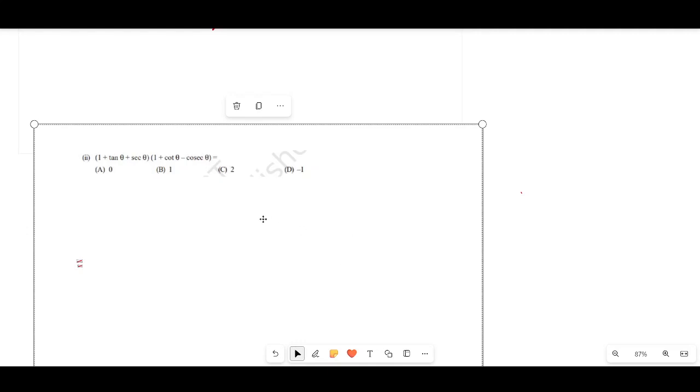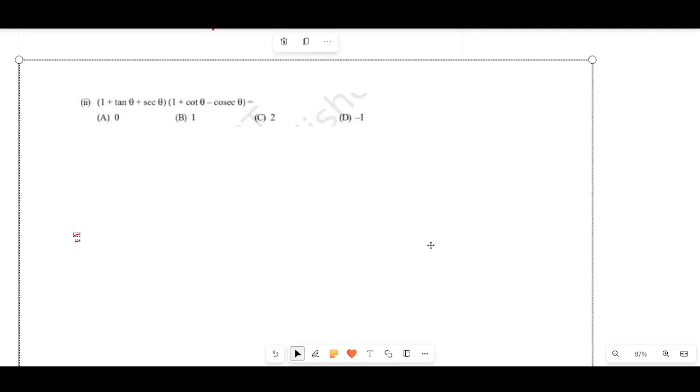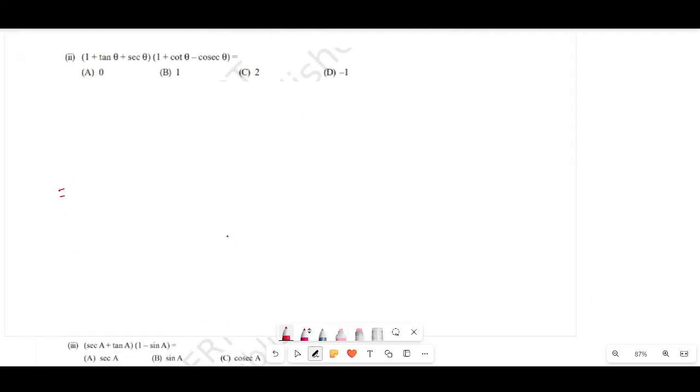Come to the next one: 1 plus tan theta and sec theta. First we should expand the bracket. Here first we should multiply it. If we multiply, we will get 1 plus cot theta minus cosec theta, then tan theta.